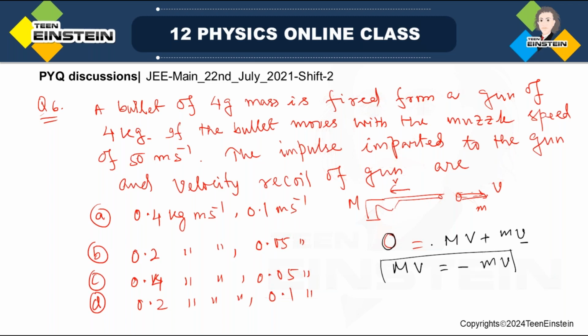Now the bullet is moving with muzzle speed. That means the speed of the bullet minus the speed of the gun, this is the relative speed of the bullet. Muzzle speed is given as 50 meter per second.